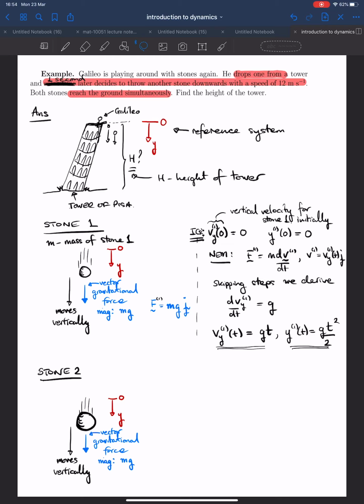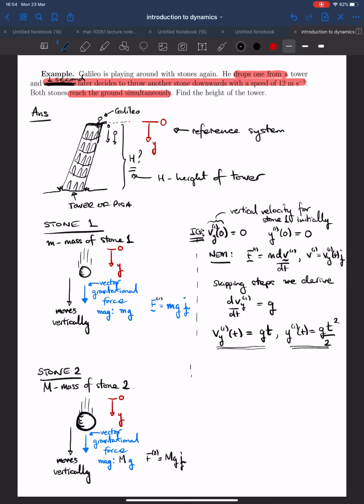So this is also moving vertically downwards. So in this case, the mass, we're going to call capital M, just for the sake of simplicity, mass of stone 2. And in this case, the gravitational force has magnitude capital Mg. And then the force experienced by this is capital Mgj.